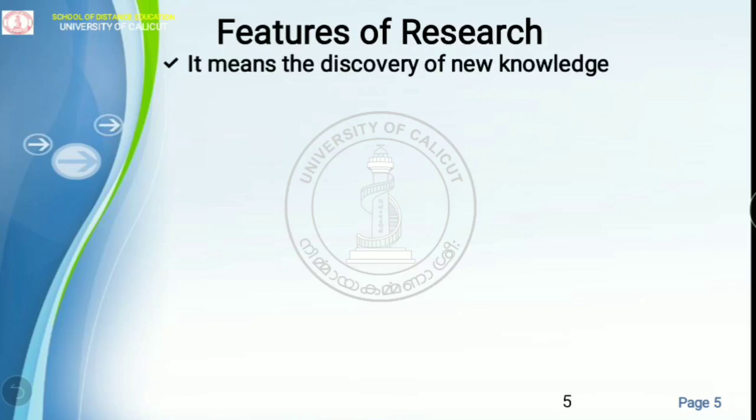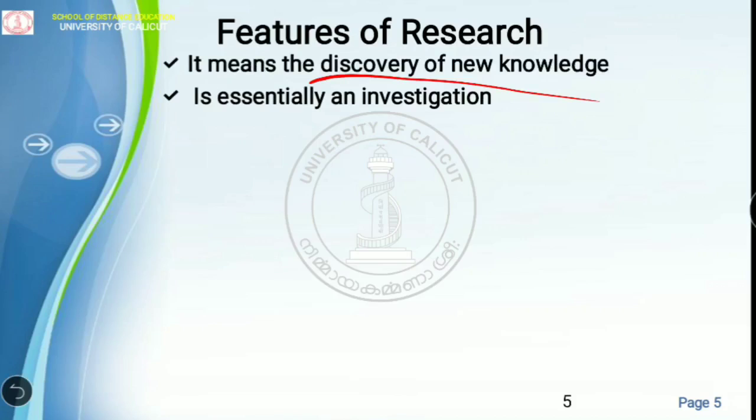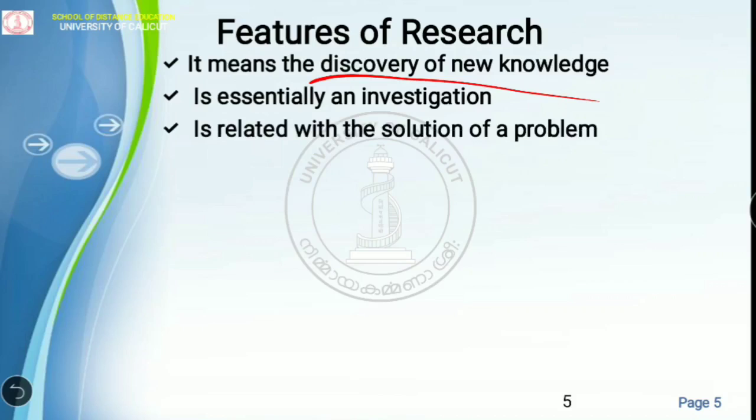Features of research. Basic features of the research include: it is the discovery of new knowledge, and it is essentially an investigation. Business research is an investigation related with the solution of a problem. Actually, we are trying to solve a research problem, a question in research.